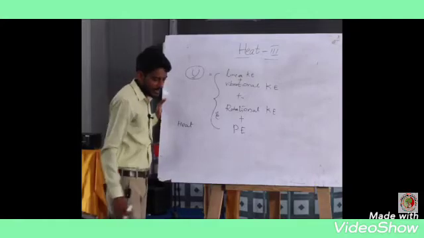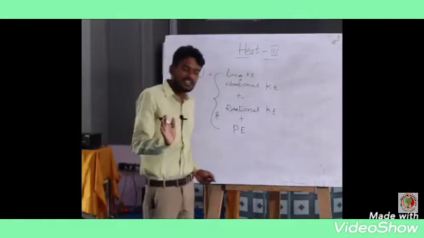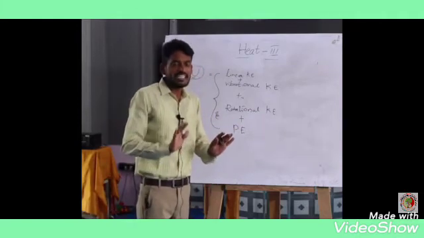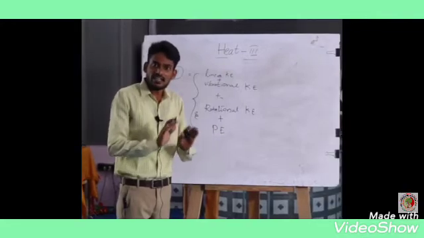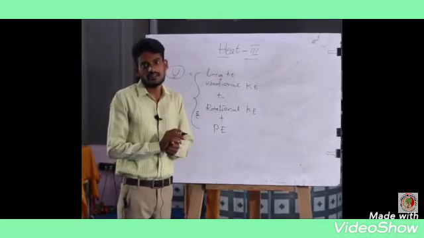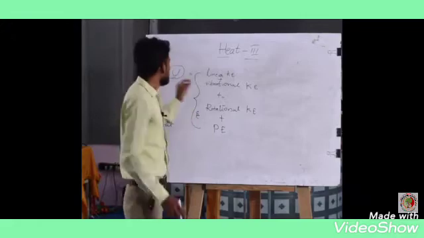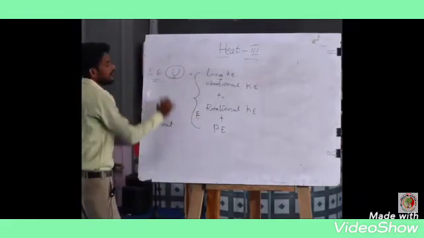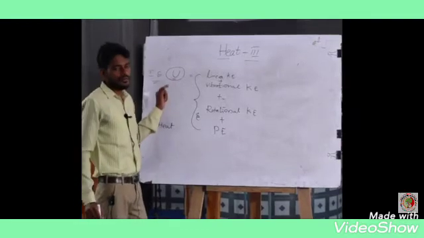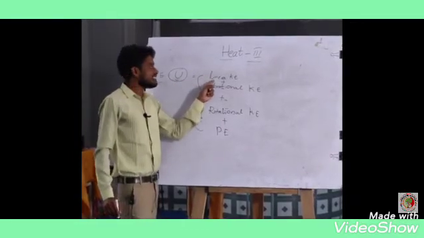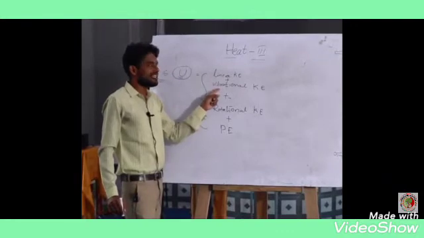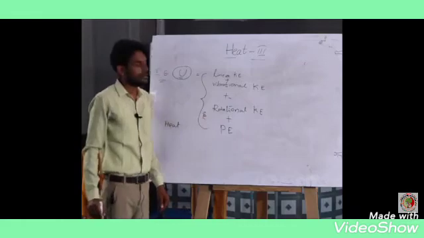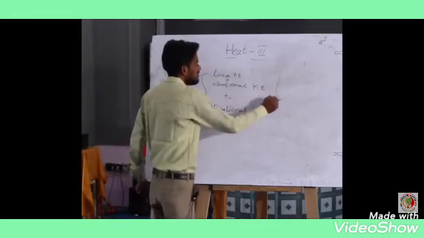Simply, you have to learn why specific heat is different for different substances: because internal energy is different for different substances. Internal energy, which is normally indicated by U, is the sum of linear kinetic energy, vibrational kinetic energy, rotational kinetic energy, and potential energy, which is very important.